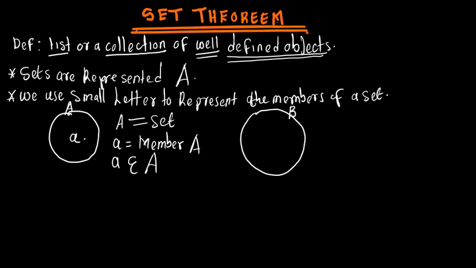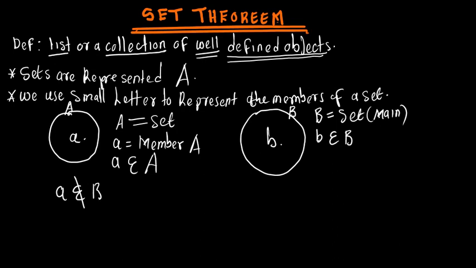What you are implying is this set B is the main carrier, or let me just call it as a set, implying it to be the main set, but b, small letter b, is the member of this particular set. But if a happens to be not a member of set A, then we say that a is not a member of set A.